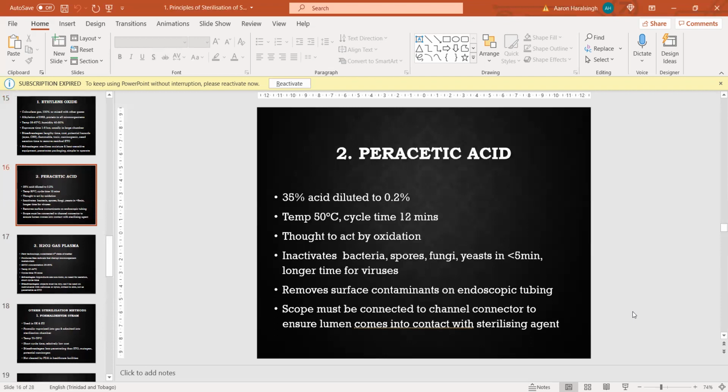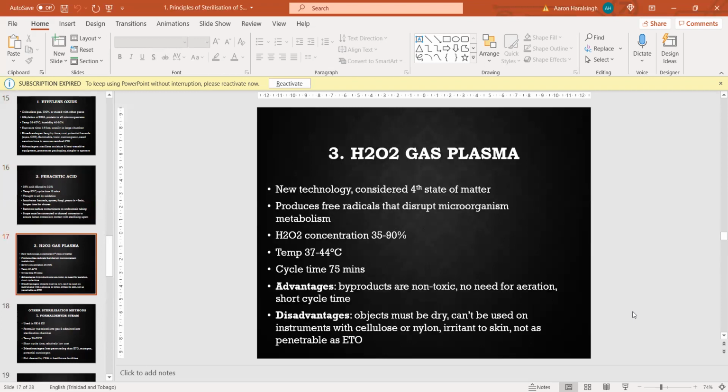One of the other gases that is very often used is hydrogen peroxide gas plasma. It is thought to be a fourth state of matter, this plasma. It's a new technology, and uses hydrogen peroxide concentrations of 35 all the way up to 90% at a temperature of 37 to 44 degrees Celsius, with a cycle time of about 75 minutes.